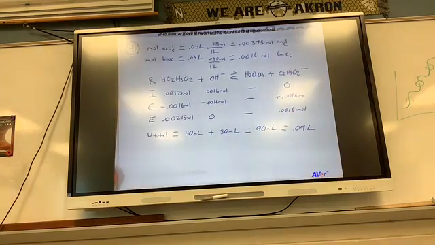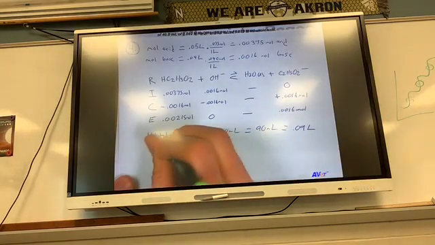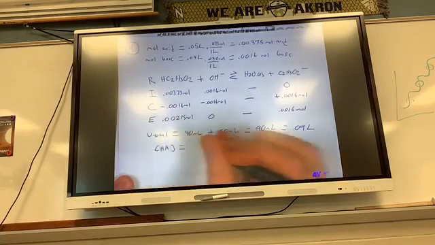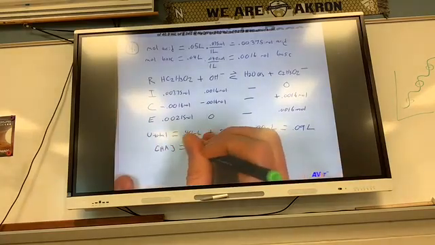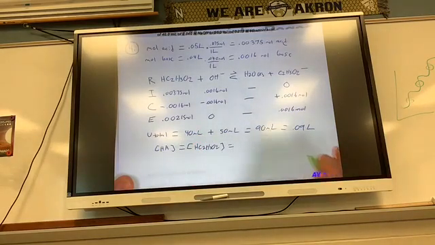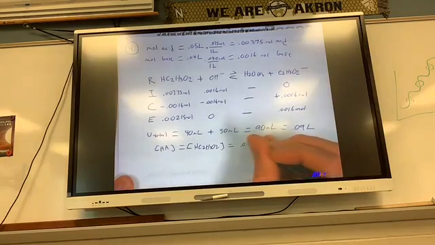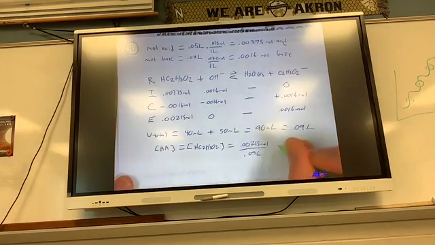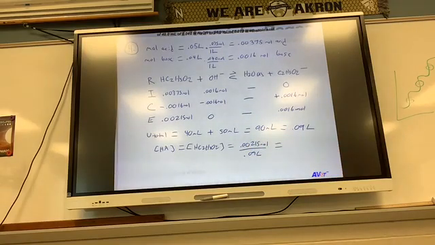So to figure out my concentration of HA, the concentration of my HC2H3O2 equals 0.00215 divided by 0.09 liters, moles per liter. What do you get there?